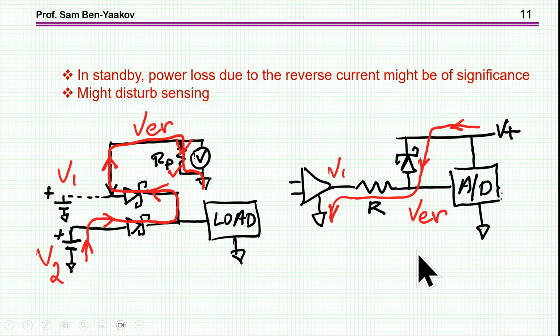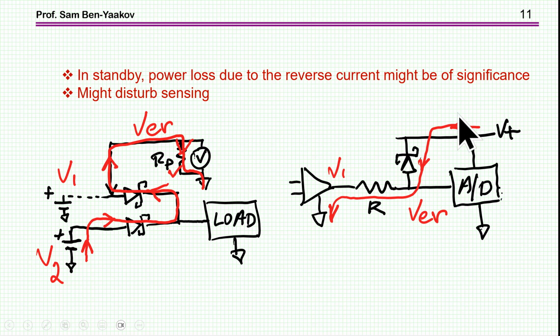Another case, which is really very popular, is that in many circuits we put a clamp diode between a sensitive line and the power supply, VCC. Here I'm showing an A to D, it could be part of a microprocessor, and then there's an amplifier, and in order to protect this point, which is sensitive and could be damaged by spikes of high voltage, we normally put a diode between here and here.